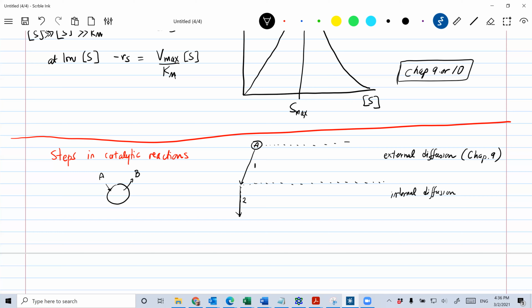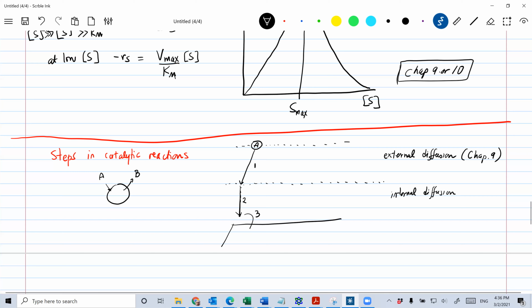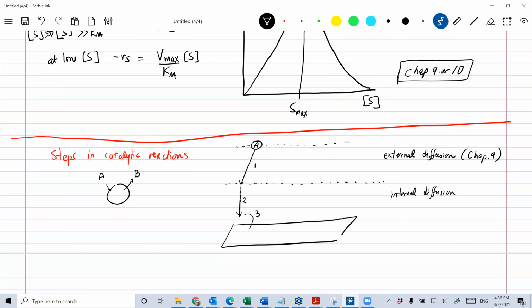So your second step: A is going to go in, internal diffusion, external diffusion. Then A is going to adsorb on the surface. This is a third step. This is a surface where the reaction occurs, where A is going to adsorb on that surface. And then, adsorbed on the surface, A is going to react to form B. This is your fourth step, a reaction on the surface.